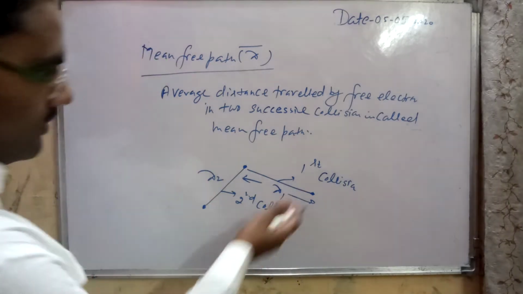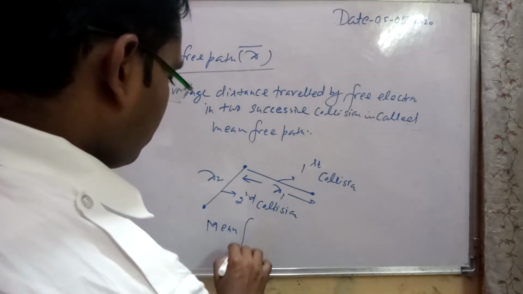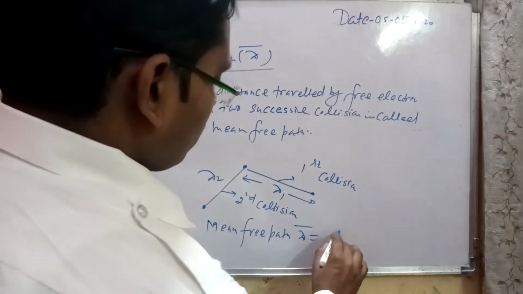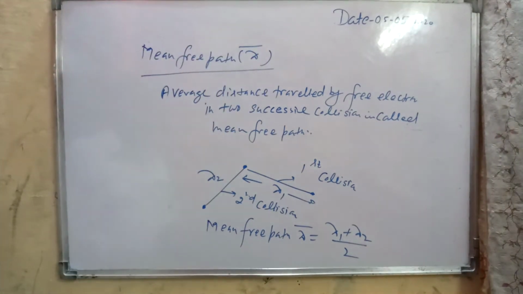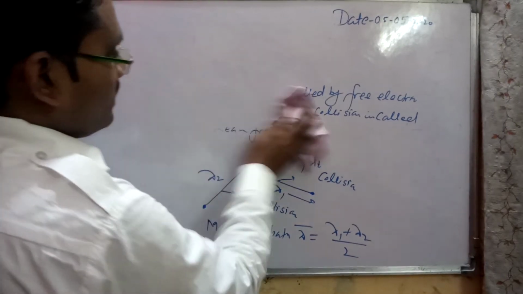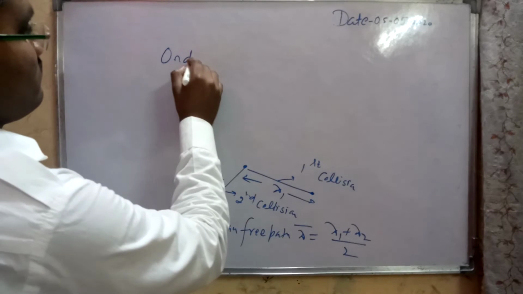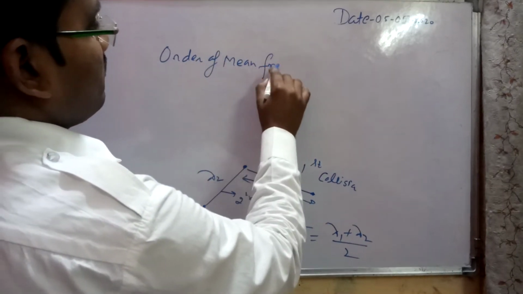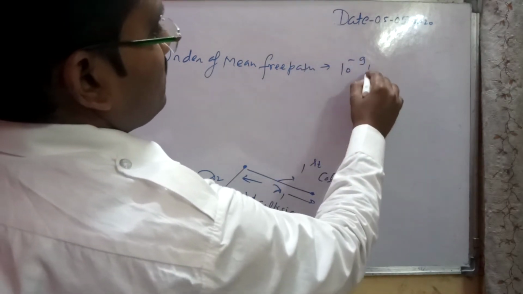The average distance traveled in both collisions gives the mean free path lambda bar, which is equal to lambda 1 plus lambda 2 divided by 2, and the order of mean free path is 10 to the power minus 9 meter.